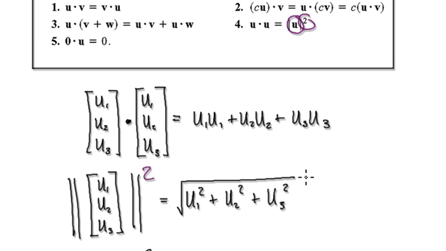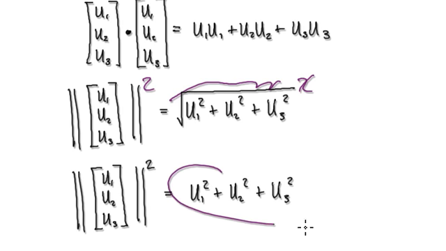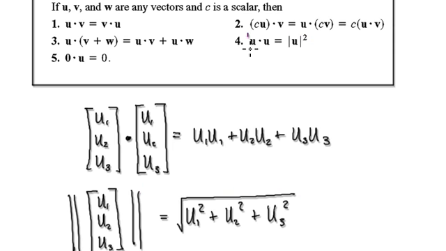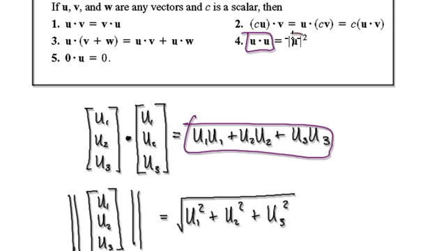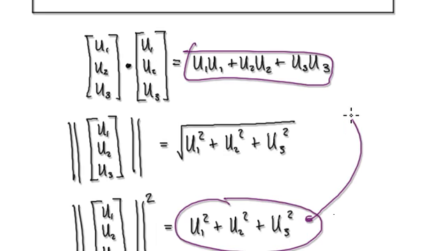If you square it, then you're going to square this. These two will cancel each other out, leaving you with this. Whatever the magnitude squared, this whole thing here will then become this.